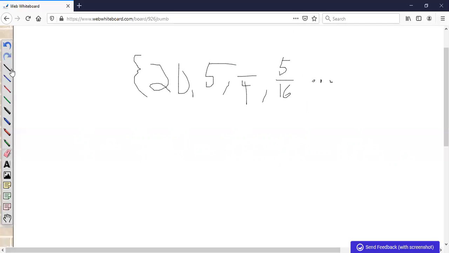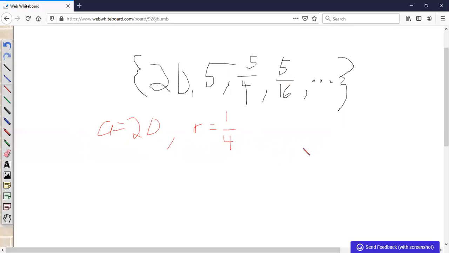Let's make my writing less incompetent. There we go. So here we've got 20, 5, 5/4, 5/16. Once again, relatively easy to figure out what A is. And at this point, hopefully it's very clear that we seem to be continuously dividing by 4.